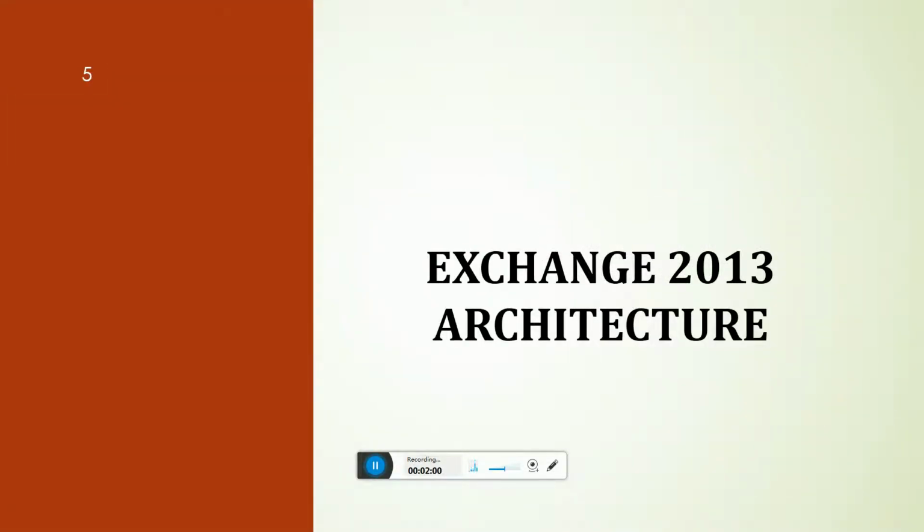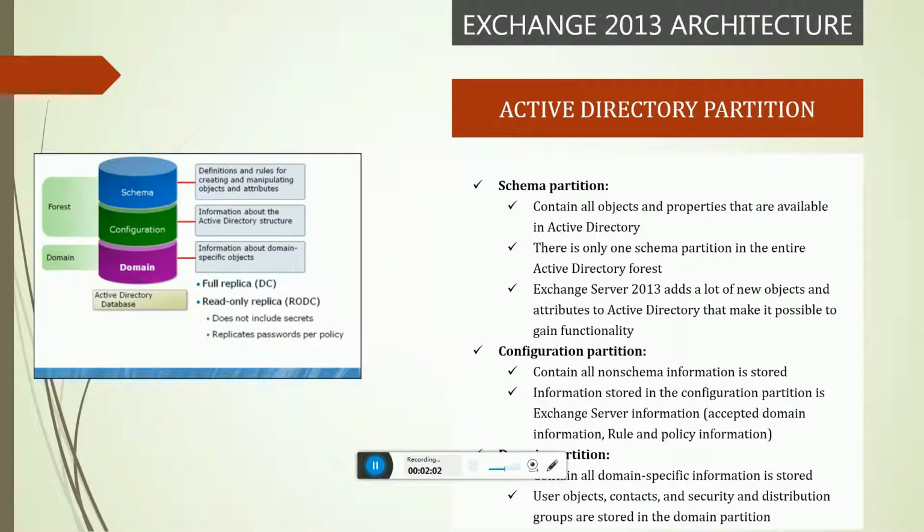Exchange Server 2013 architecture: Active Directory partitions. The schema partition contains all the object properties available in Active Directory. There is only one schema partition in the entire Active Directory forest.